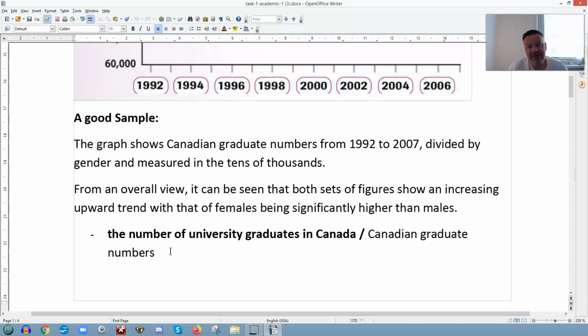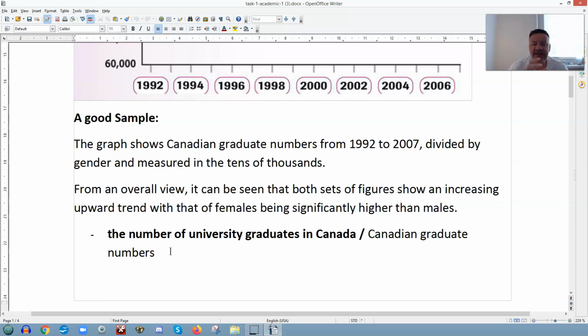If you do that, the examiner will cross it out, take it out of the total. Okay, so the graph shows Canadian graduate numbers from 1992 to 2007, divided by gender, male, female, and measured in the tens of thousands. Okay, so there's no information that we could really add to that introduction.